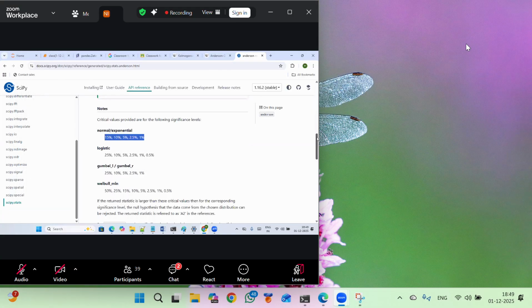See how simple the syntax is: anderson(X, dist='norm'). So you will get a test statistic value, and you will get the critical values. So guys, you are getting 15%, 10%, 5%, 2.5%, and 1%. We are taking the critical value of 5% significance level here. Correct?